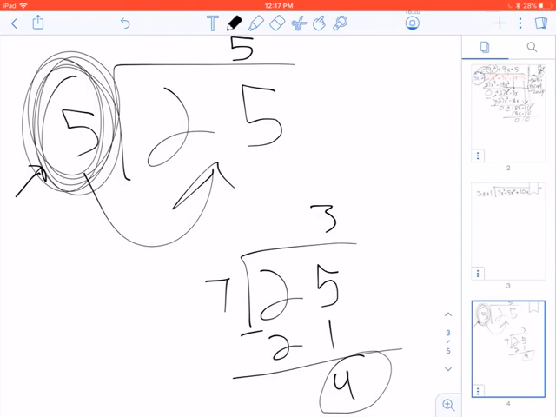So my quotient here would be 3 and 4/7. Okay, that's my remainder. And what I know about the number 7 is because it doesn't evenly divide into the number 25 without causing there to be a remainder, is that 7 is not a factor of 25.